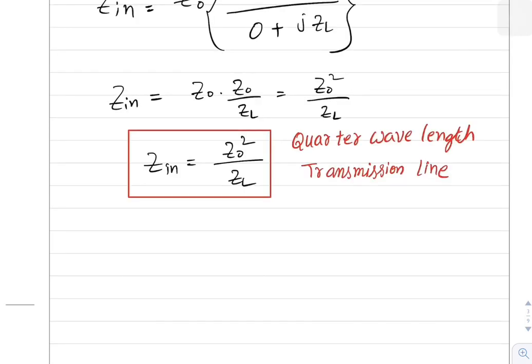If you observe this clearly, the characteristic impedance of the transmission line ZO equal to root over Zin into ZL. The main application of this quarter wave length transmission line is that it is used for impedance matching, which we will see in a problem. The third one is if the length of the transmission line is lambda by 2, you can call it a half wave transmission line.